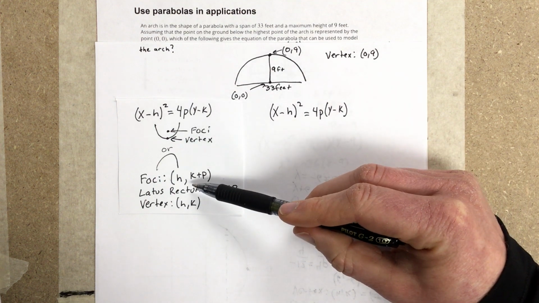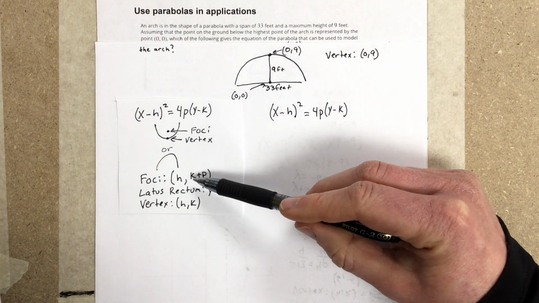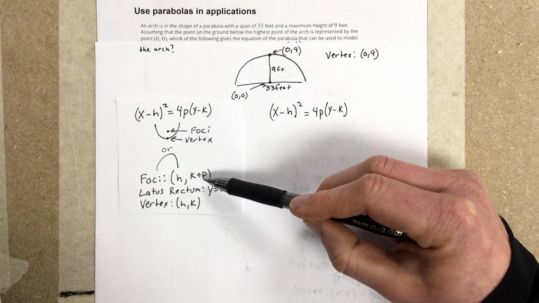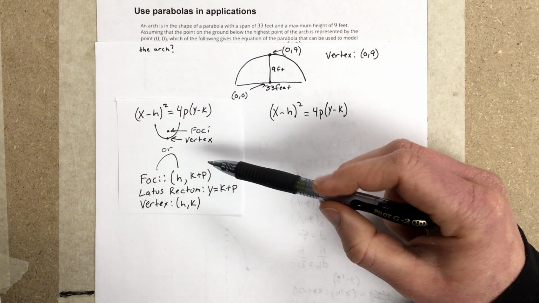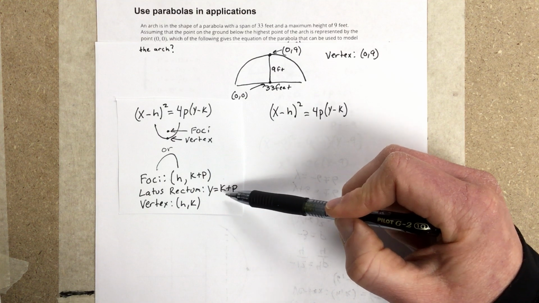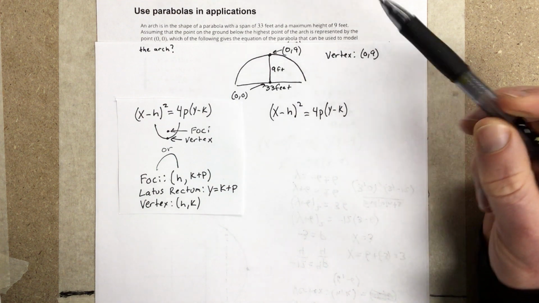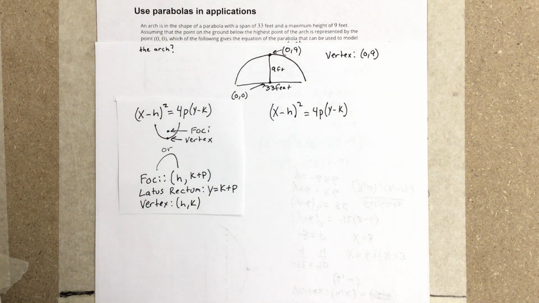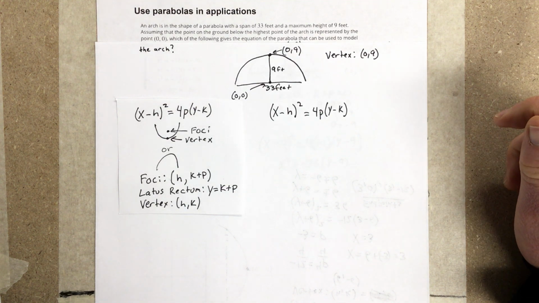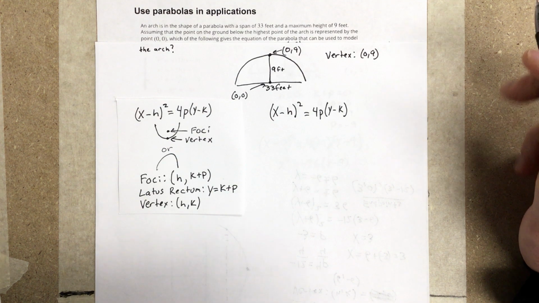I don't know that y value for the focus. The latus rectum is y equals k plus p. So I'm kind of stuck right here.